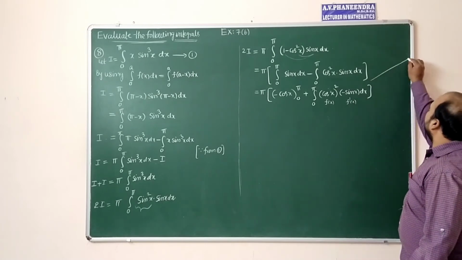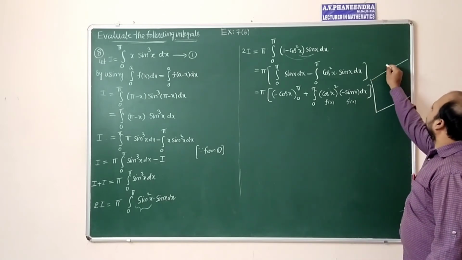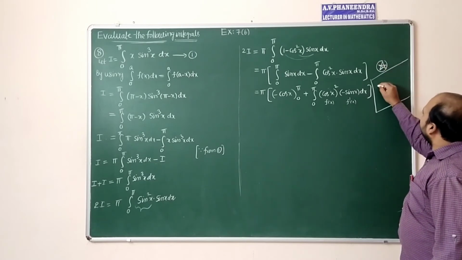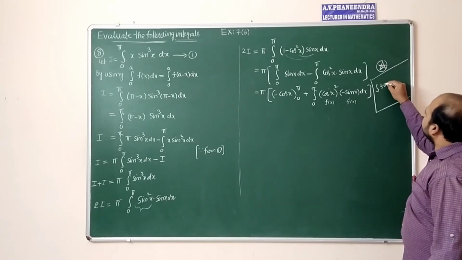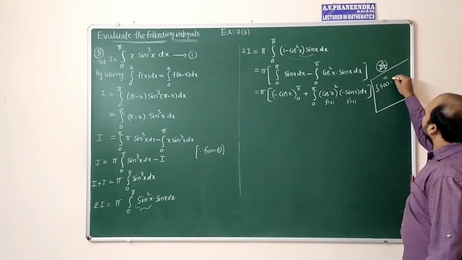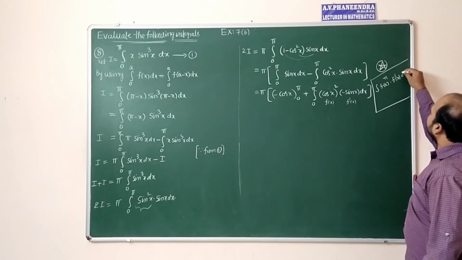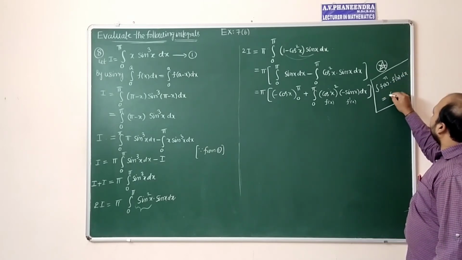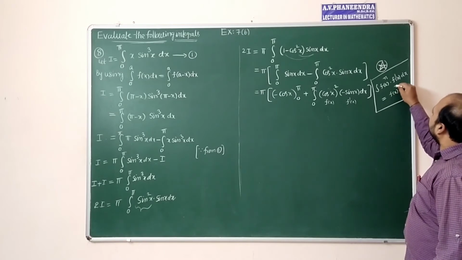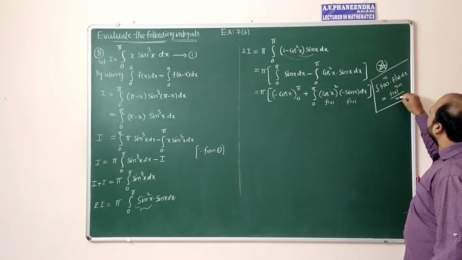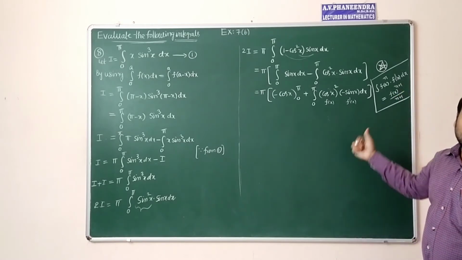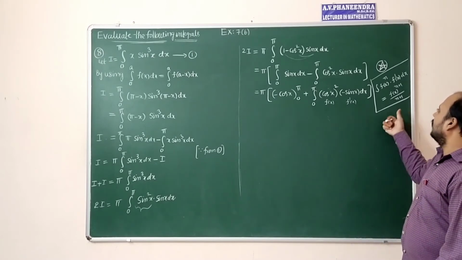After that, here I am going to apply this formula: integral f of x whole power n into f dash of x into dx is equal to f of x whole power n plus 1 divided by n plus 1. This is a very, very important formula.